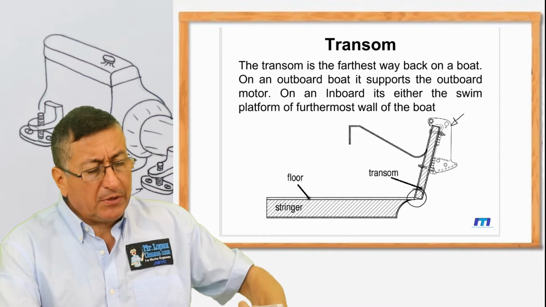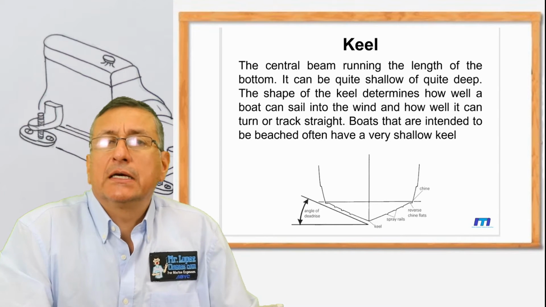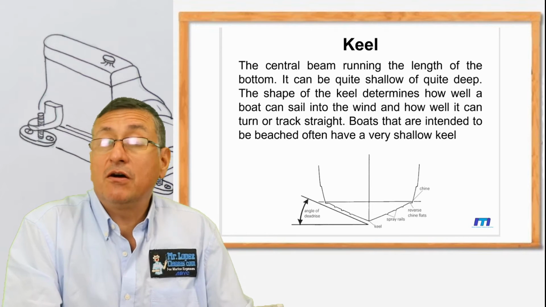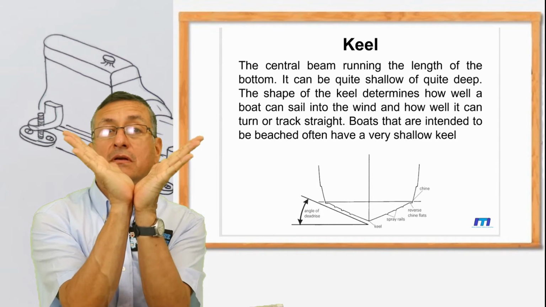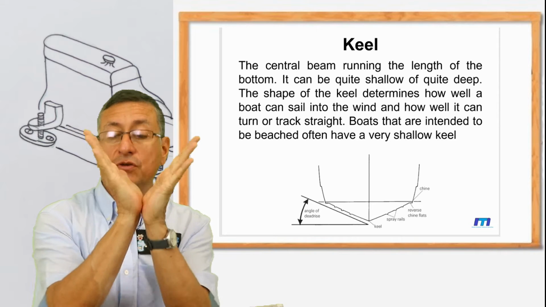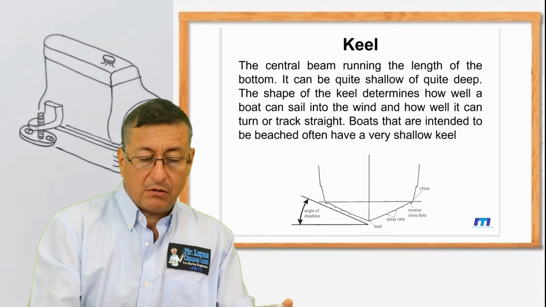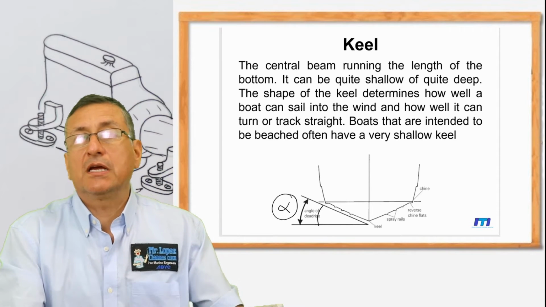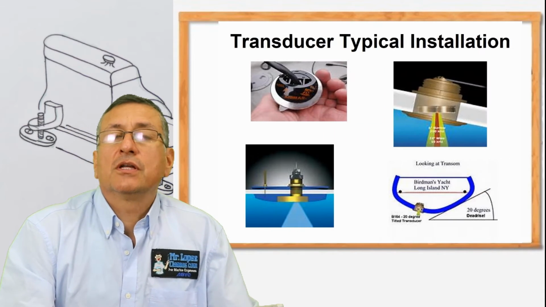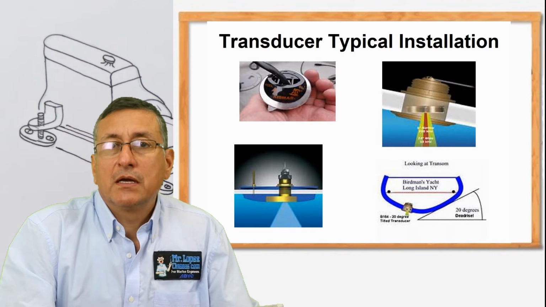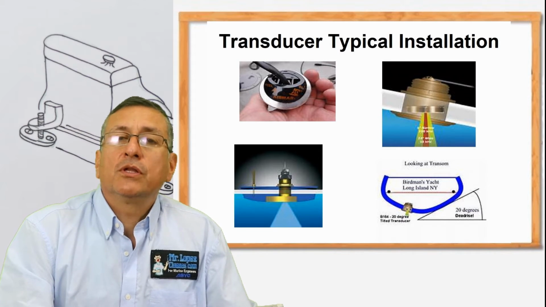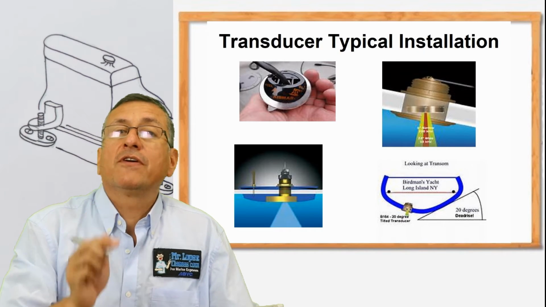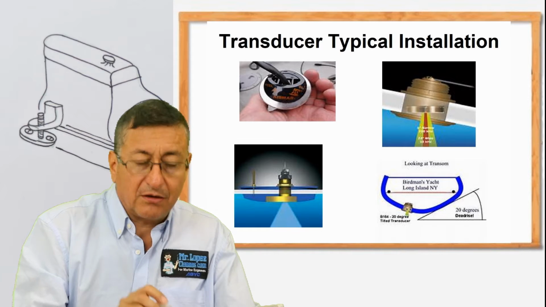And now we are going to talk about the keel. The keel is the center of the boat. Depending on the angle of the V configuration, this is an important angle, especially in electronics. In the course of electronics, we are going to install transducers, and the transducers come in different angles depending on this angle.